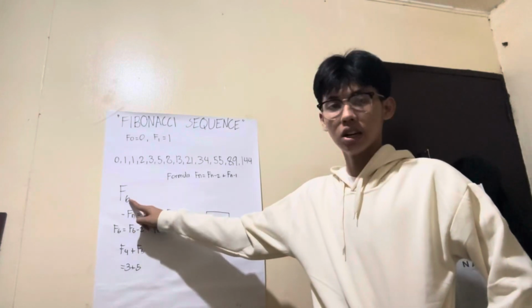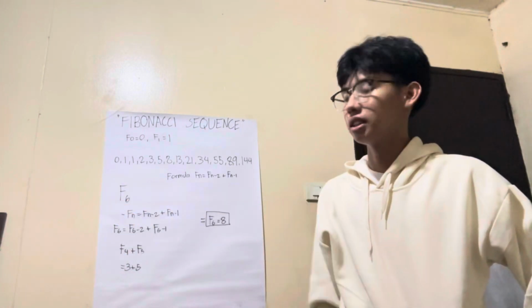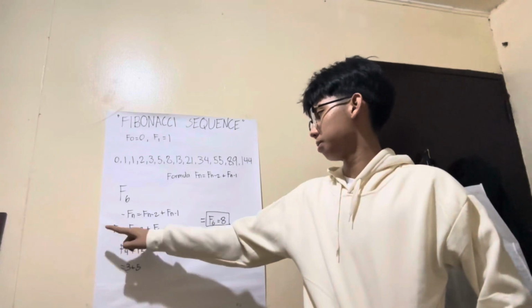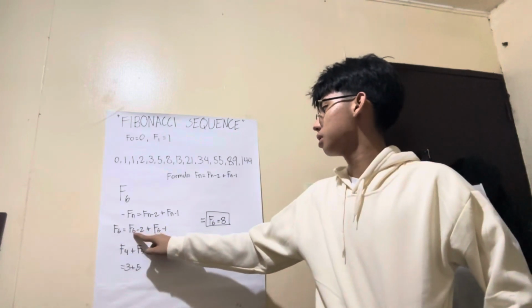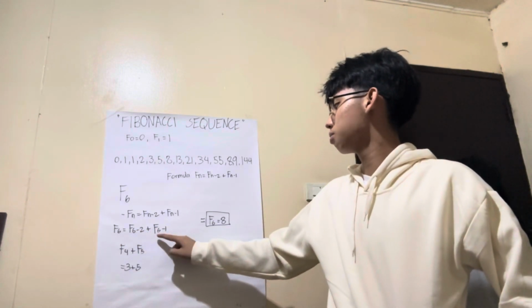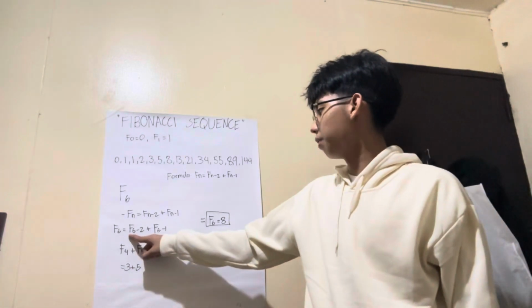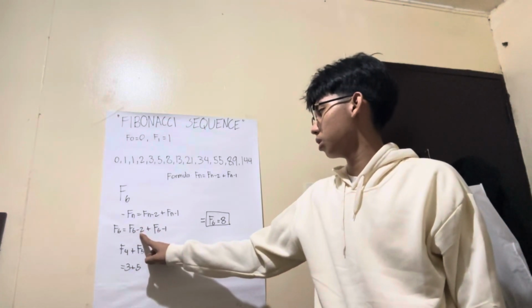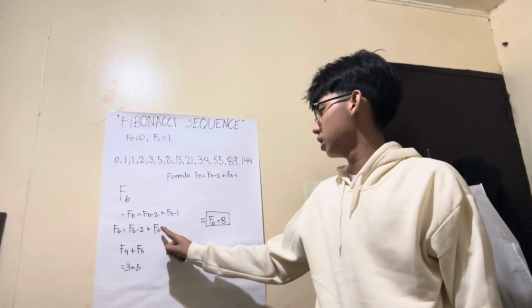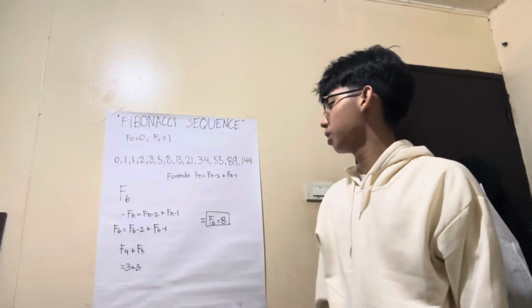N is equal to 6 kasi yun ang hinahanap natin. So, f sub 6 equals f sub 6 minus 2 plus f sub 6 minus 1. So, 6 minus 2 equals 4, and 6 minus 1 is equal to 5.